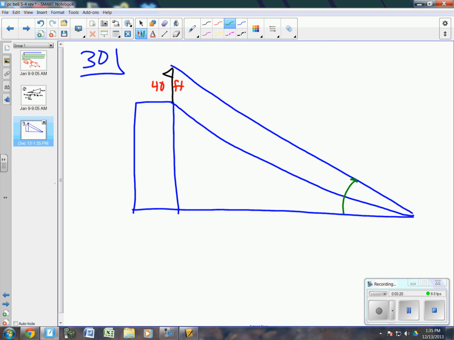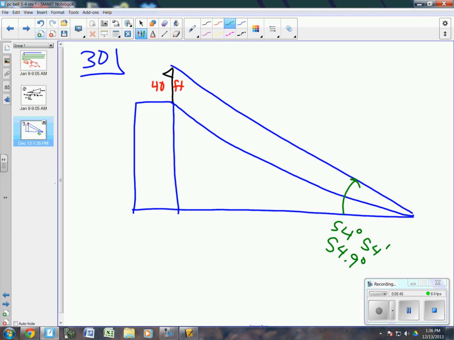What's this one right here? The bigger angle is? What is it again? 54 degrees, 54 minutes. What's that in decimal degrees? 54.9 degrees.